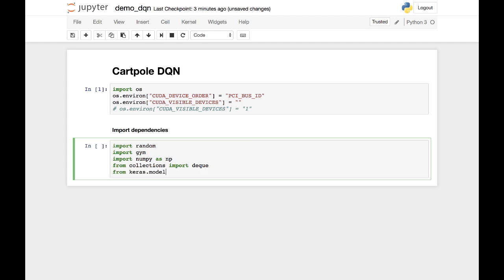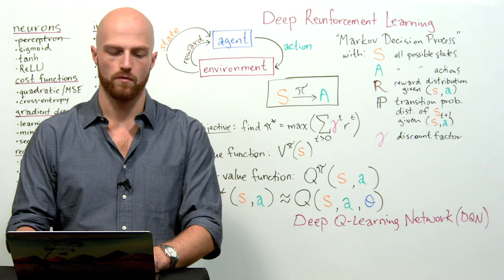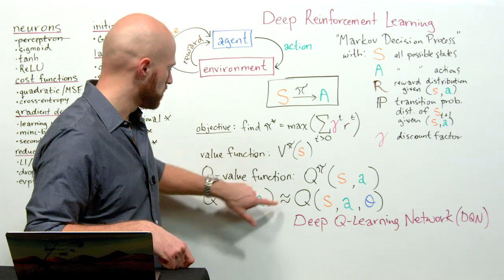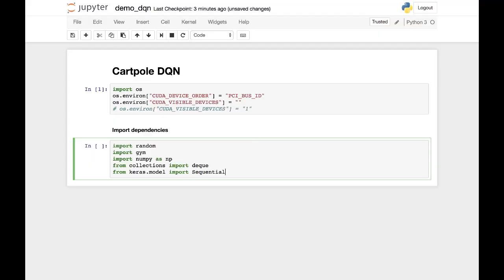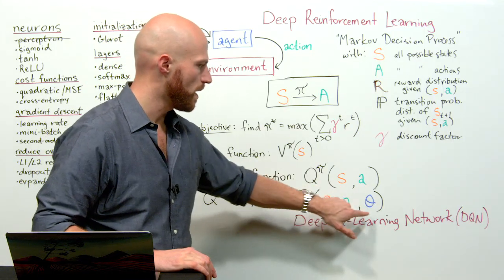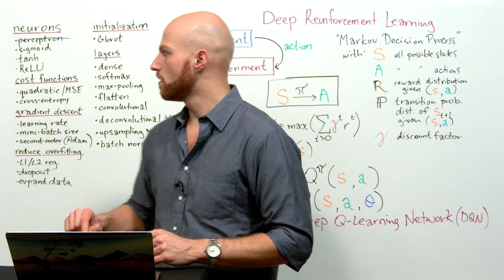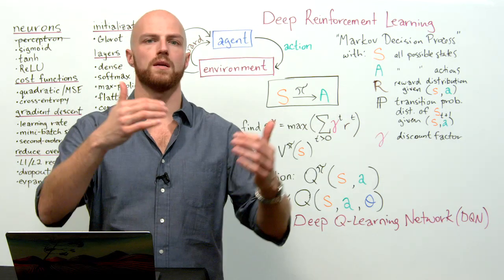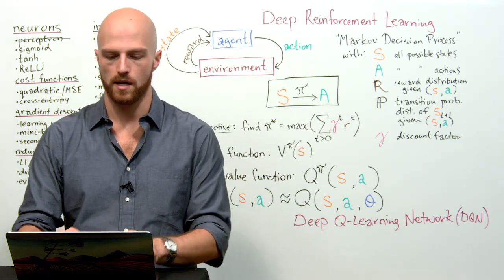And then we get into our Keras stuff. So we're going to use a sequential model to build our neural network for approximating the optimal Q here. We are only going to use dense layers in our network. So the theta weights will simply be the weights and biases of neurons in between layers of a dense network.